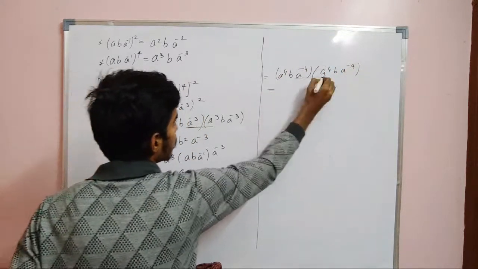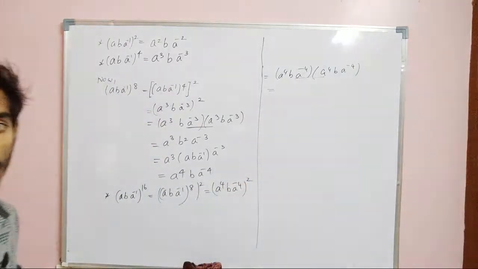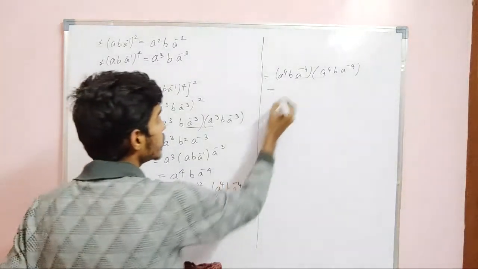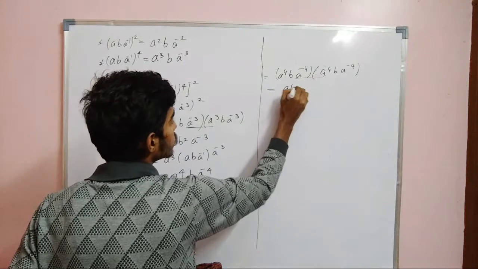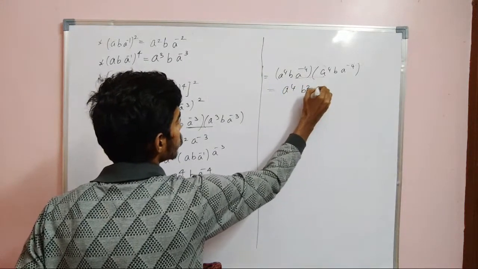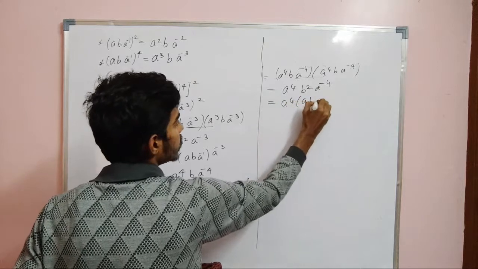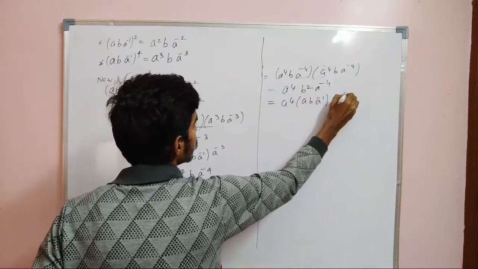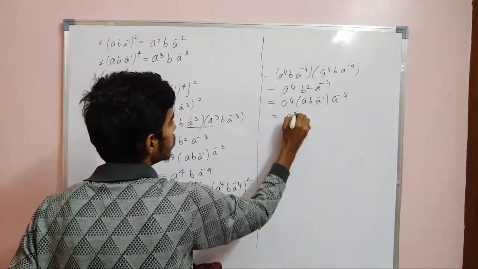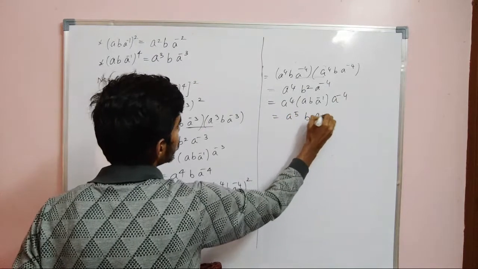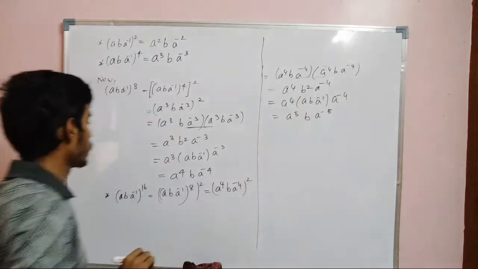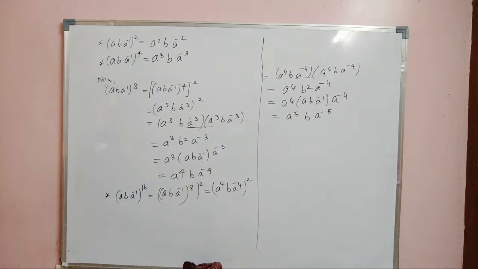I can combine A⁻⁴ and A⁴, which will be equal to I. So B into B is B², so we have A⁴B²A⁻⁴. You again replace B² with ABA⁻¹. Whenever you have B², you have to replace that term. So this will be A⁵BA⁻⁵, right? A⁵BA⁻⁵.